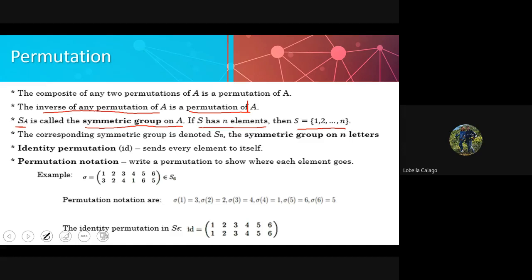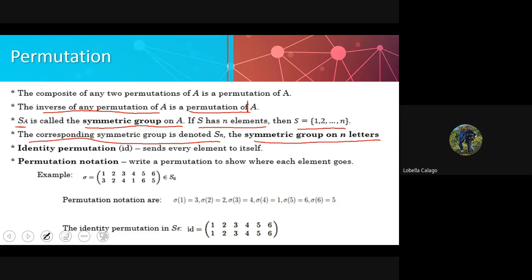Kaya nga siyang tinawag na symmetric group. So, the corresponding symmetric group is denoted by Sn, wherein it is the symmetric group of n letters. So, ibig sabihin, for example, no, meron tayong S9. So, there are 9 elements. So, ganun lang po yun.